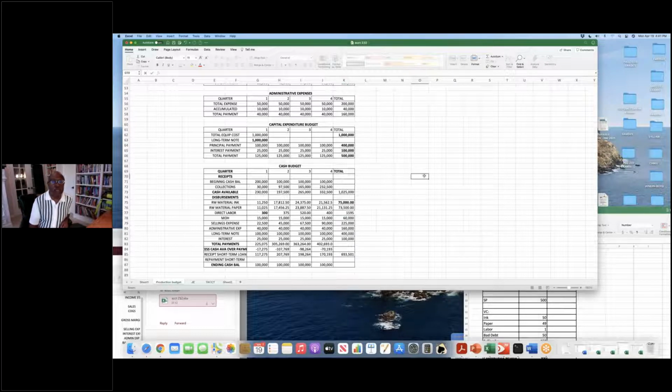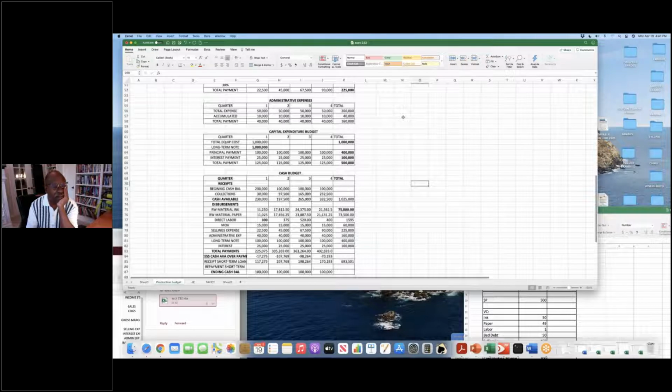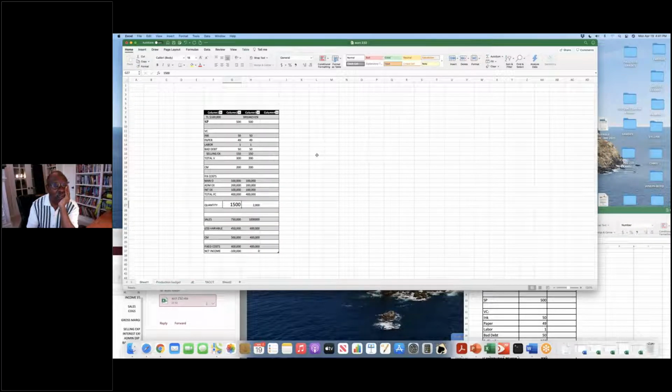Go back to the assumptions quickly. Yeah, I was supposed to pull that paper out because I was trying to check the assumptions too. Labor cost was $1, so we divide it by 1.